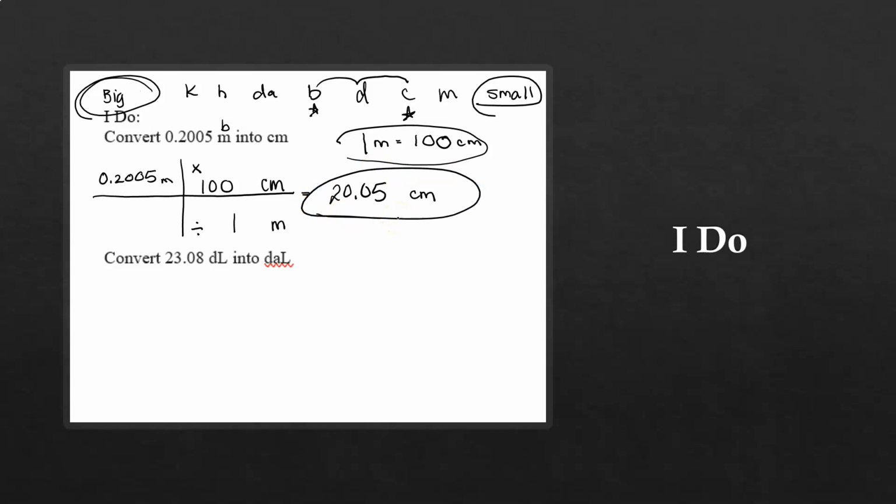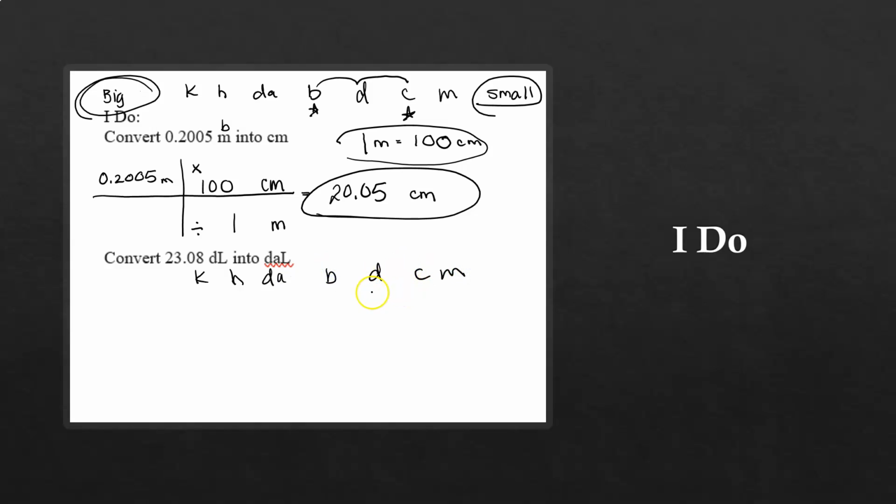We are practicing it this way because we will be using dimensional analysis for math that is not easy in the future. Looking at the next one, the I do, we have, again, King Henry died by drinking chocolate milk.